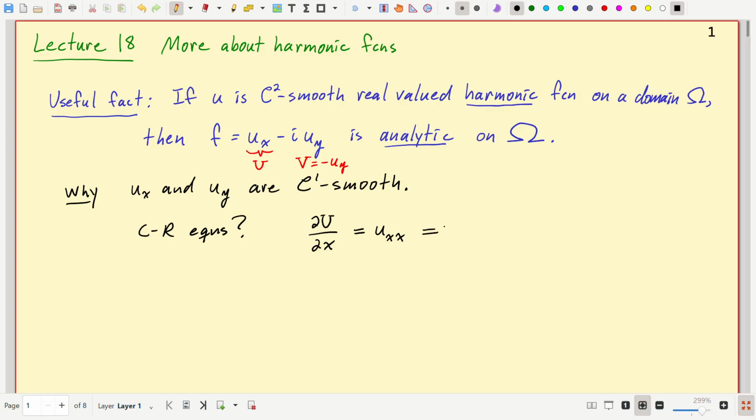And the big question is, is that equal to dV dy? And V is minus du dy. So that would be equal to minus du dy dy. And the answer is yes, because the Laplacian of u is equal to 0.